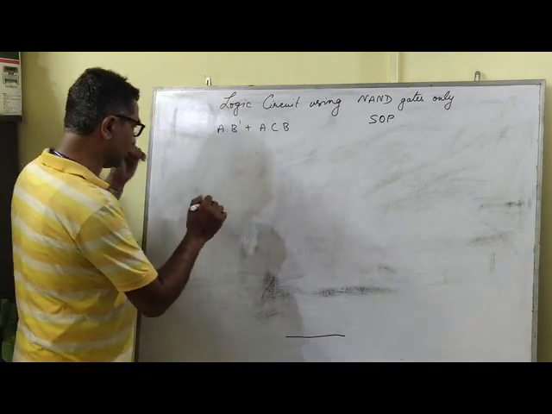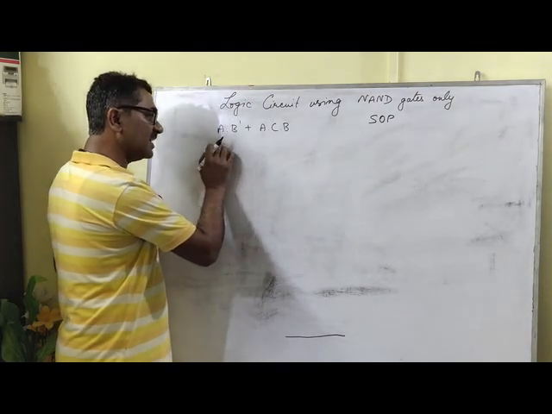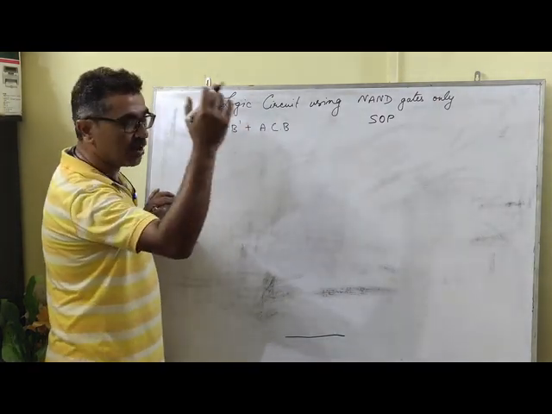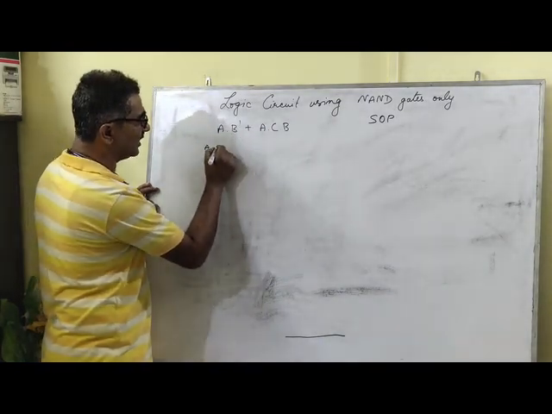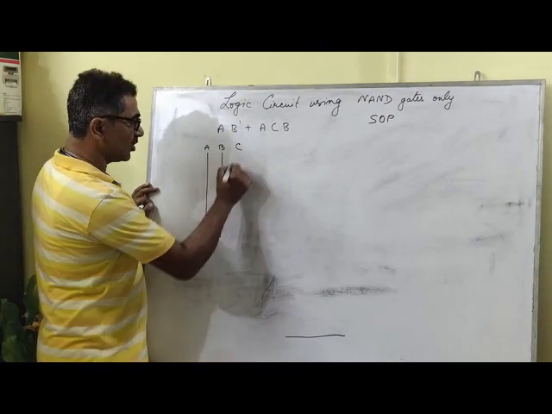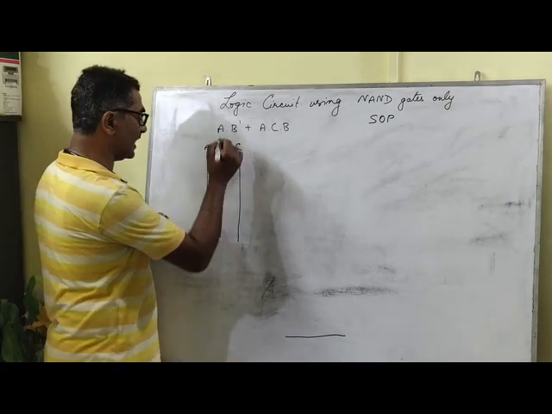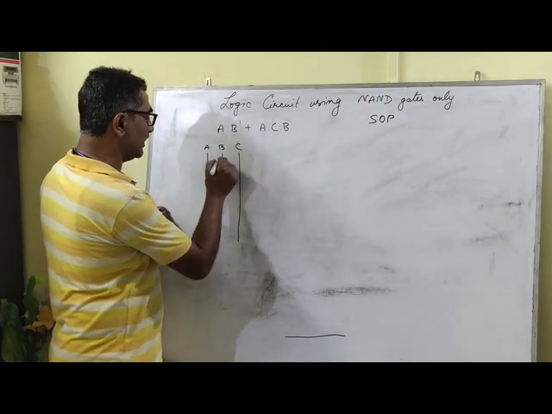Now let's see what we are going to do. First of all, let me tell you the steps involved. First, we are going to draw the logic circuit normally using all the basic three primary gates. So there are three variables A, B, C. Remember, this is what we learned. We have learned how to draw a logic circuit. So we have three vertical lines, and then first of all, the B complement.